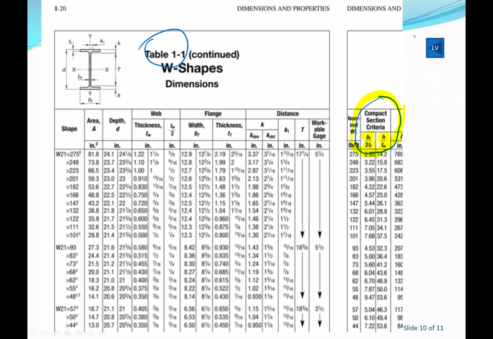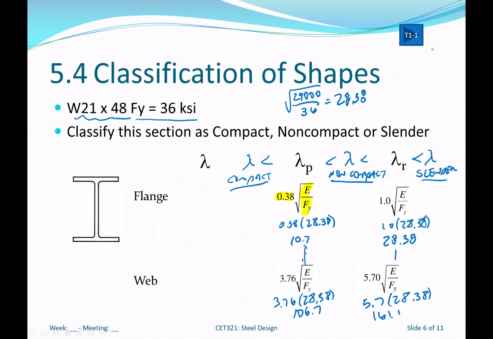We can go back to our table. 21x48's right there. So our two values are 9.47 and 53.6. This is lambda of the flange, which is b sub f over 2t sub f, and this is lambda of the web.